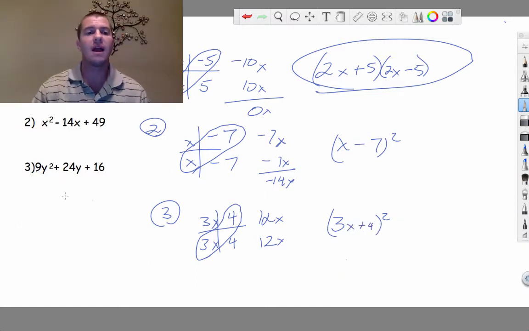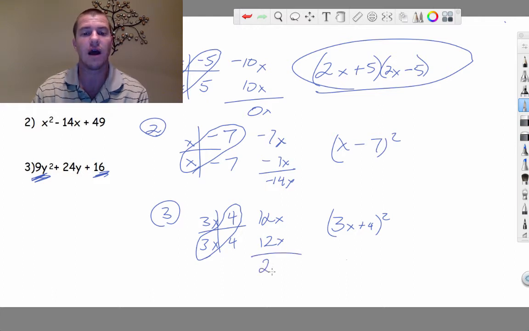And for this one, this is where it starts to get really useful. If you notice that this first term and the last term are perfect squares, try it with their square roots. I used x actually, but it was y. But 3y squared, 4 times 4, when you multiply across, they do add up to 24.